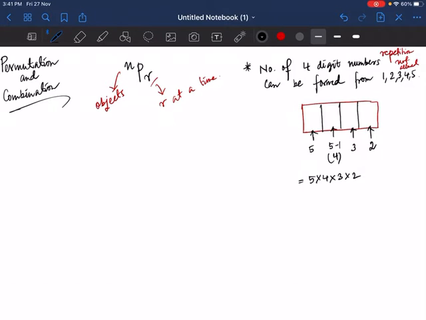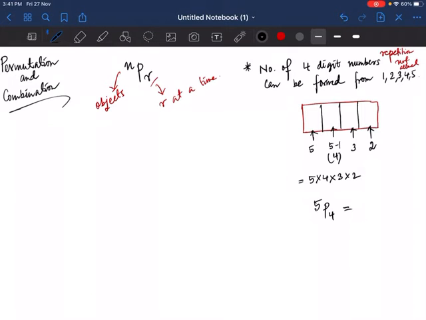So here the permutation is nPr, where n is the total number of objects and r is the number of objects we are taking at a time. So here the number of 4-digit numbers will be 5P4. 5 signifies the total number of objects present and 4 signifies the number of objects we are taking at one time.